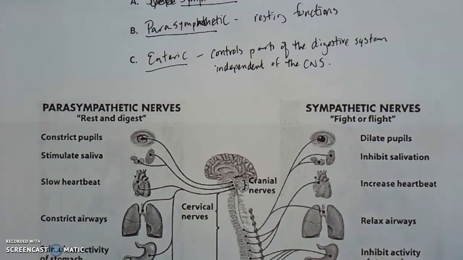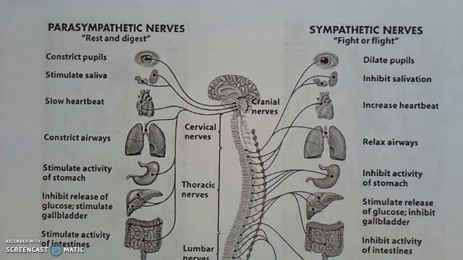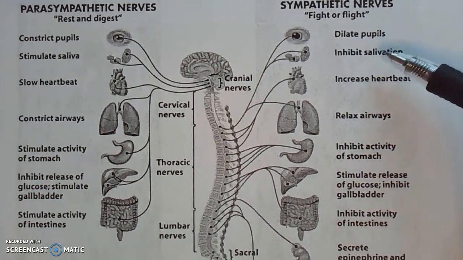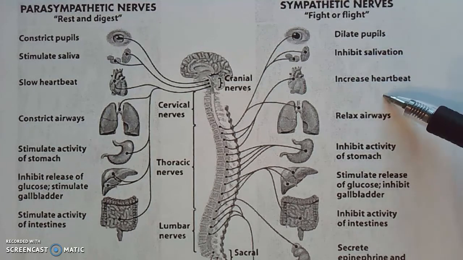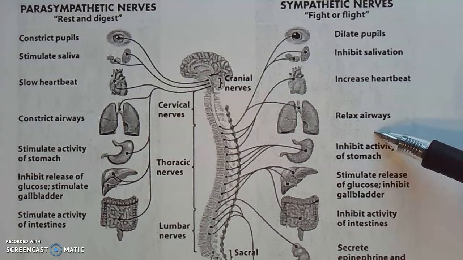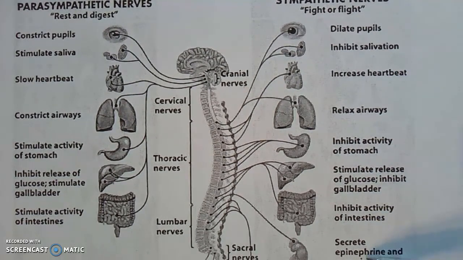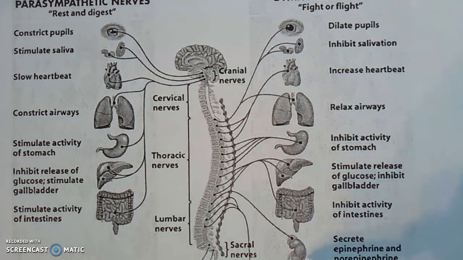So if we look at this diagram, it shows some of the different pathways that are controlled by the parasympathetic autonomic nerves and the sympathetic autonomic nerves. If we look at the sympathetic over here first, you can see that dilating the pupils, inhibiting salivation, increasing the heartbeat, and relaxing the airways are all used to help prepare the body for action.